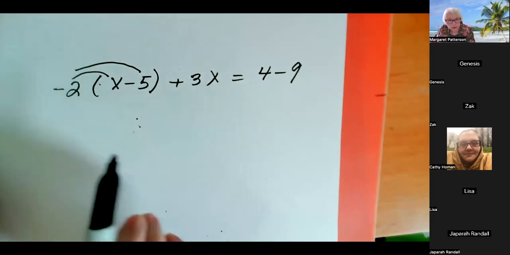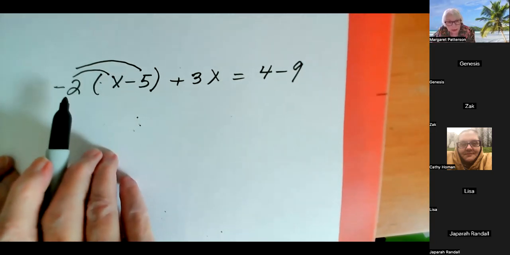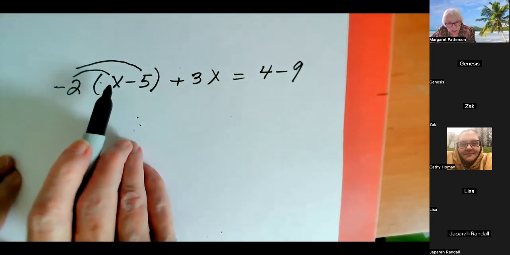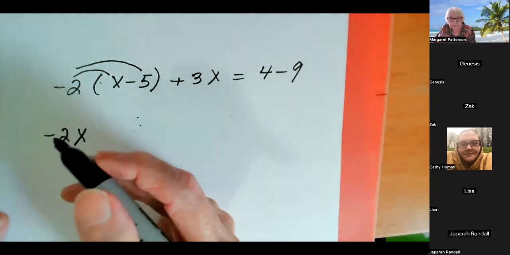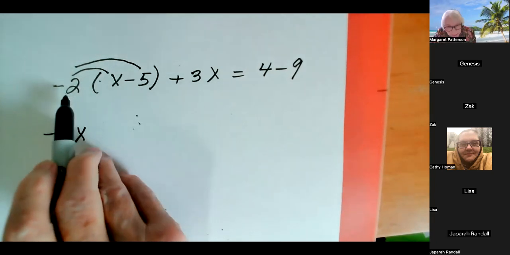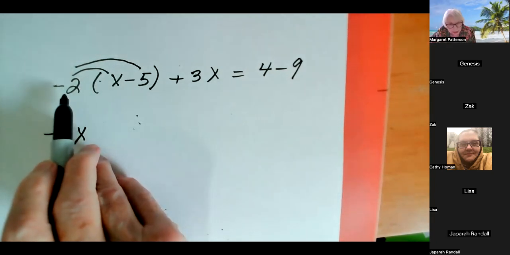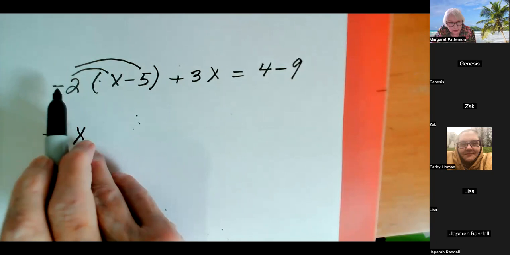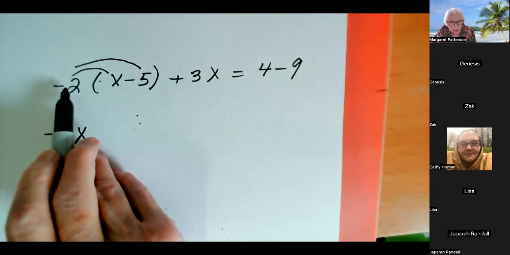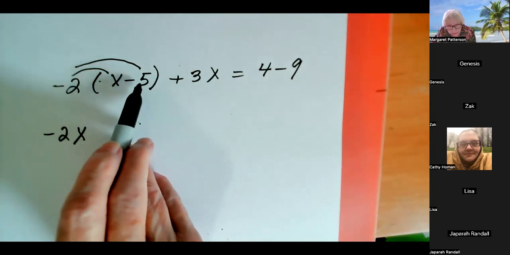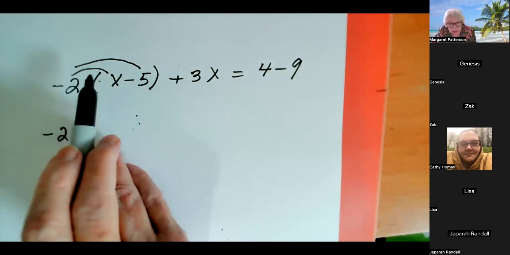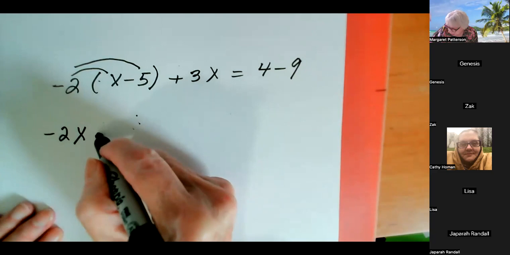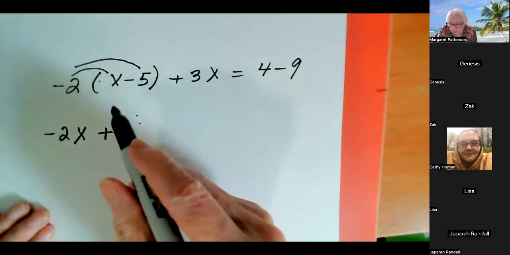Now, I want you to be really careful here. So -2 times x is -2x. But the simplest way to do this next piece is to pick up the sign: -2 times -5. A negative times a negative is a positive, and 2 times 5 is 10.